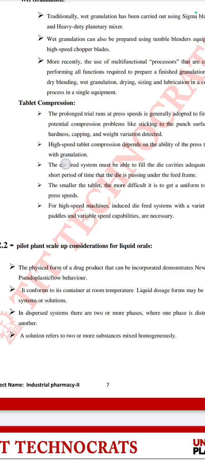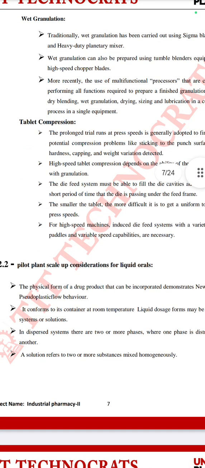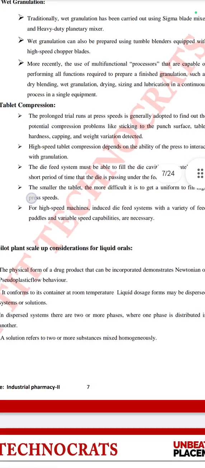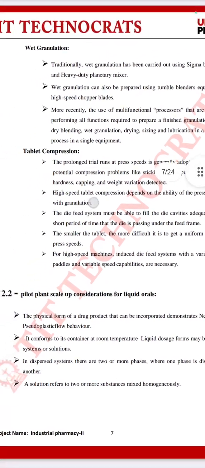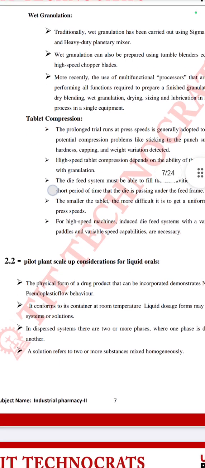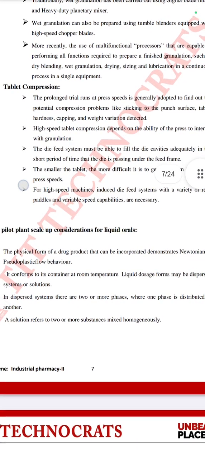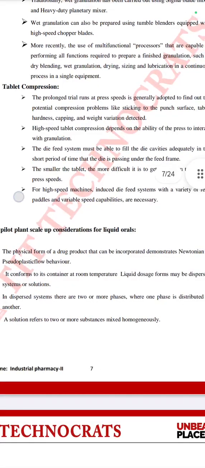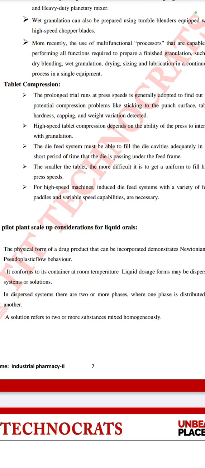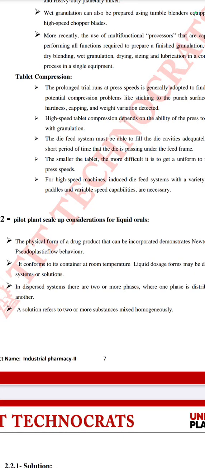Tablet compression. In tablet preparation, granulation and compression are the most important processes. After the granulation is complete and granules are properly dried, we will compress that powder and give a shape to the granulated powder for making a tablet.